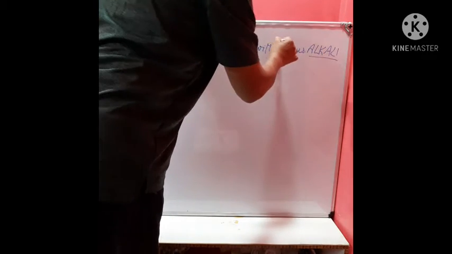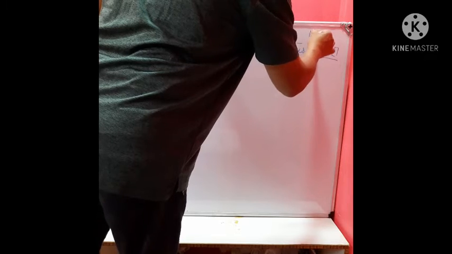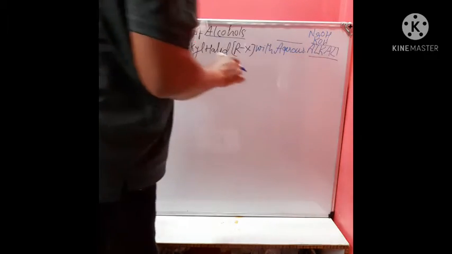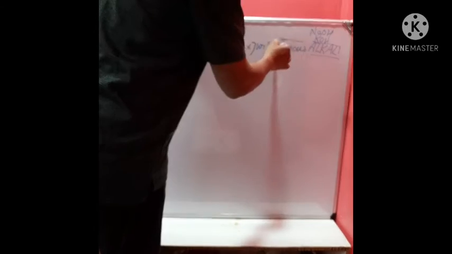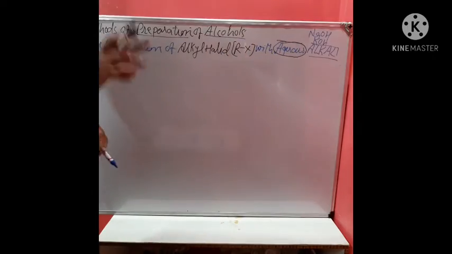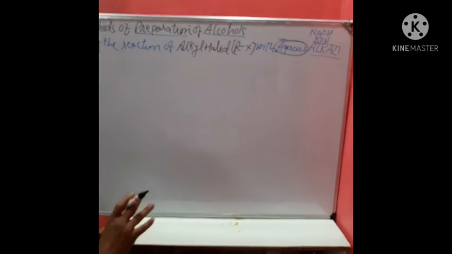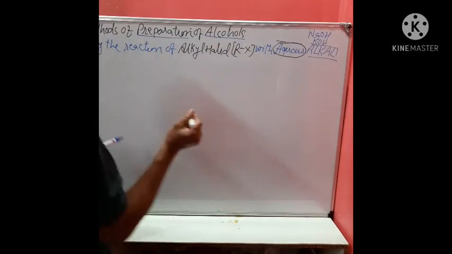Now in aqueous alkali you can consider many things, like you can consider NaOH, you can consider KOH. But the most important thing is that it must be an aqueous solution of alkali. This is called aqueous alkali.